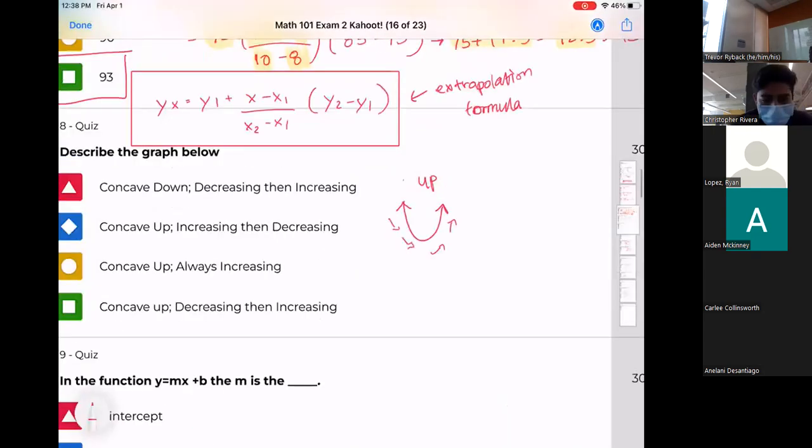The graph looks something like this, and when we have a graph that looks like a parabola like that, it signifies it's concave up.